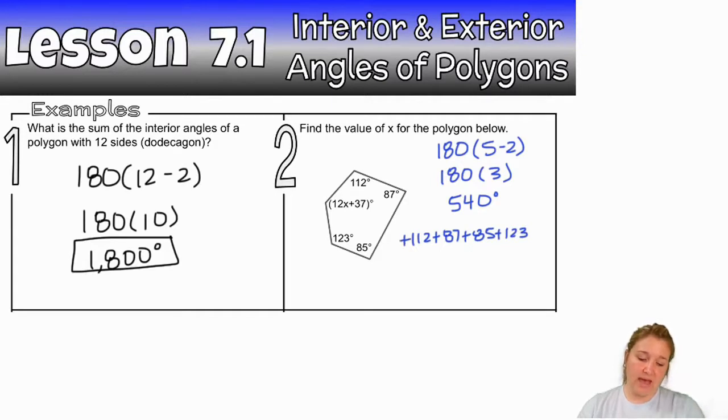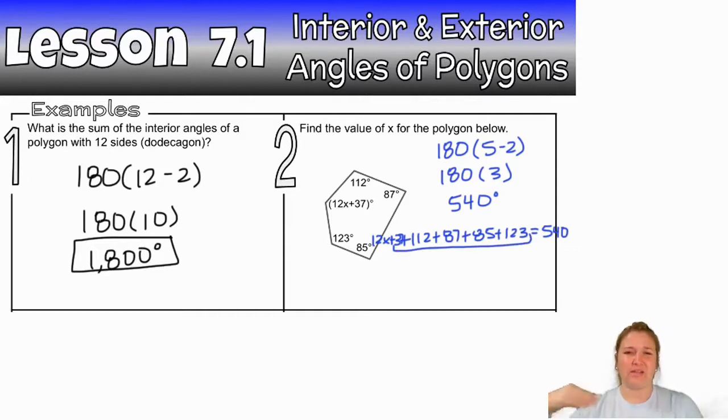And I'm going to go ahead and add my 12x plus 37. Whew, I almost don't have enough room. That is going to be equal to the inside sum, which is going to be 540. Then I'm going to add all of these numbers together, and then I will basically end up with a 2-step equation.